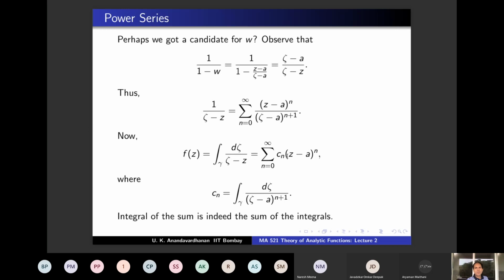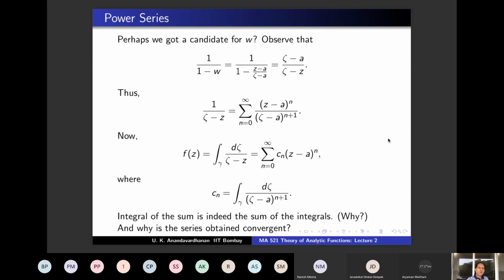Radius of convergence, if you remember the definition, is such that inside it, the convergence is the best convergence. It's absolute and uniform. And once you have uniform convergence, you know that limit and integration can be interchanged. So integration and limit interchanging is okay. So we have answered that why.